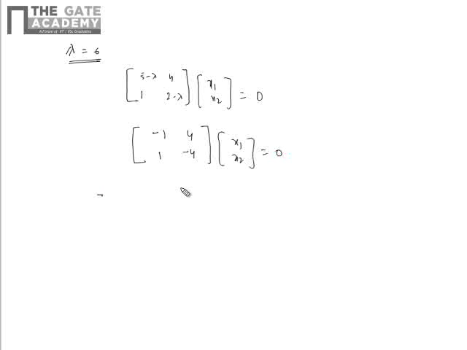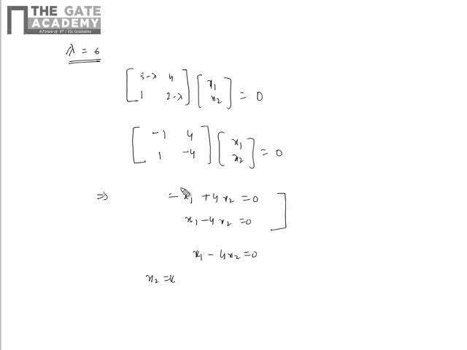If you expand this, you get two equations: minus x1 plus 4 x2 is equal to 0, and x1 minus 4 x2 is equal to 0. They are not independent; if you multiply the first equation by minus 1, you get the second. So the general equation is x1 minus 4 x2 equal to 0.